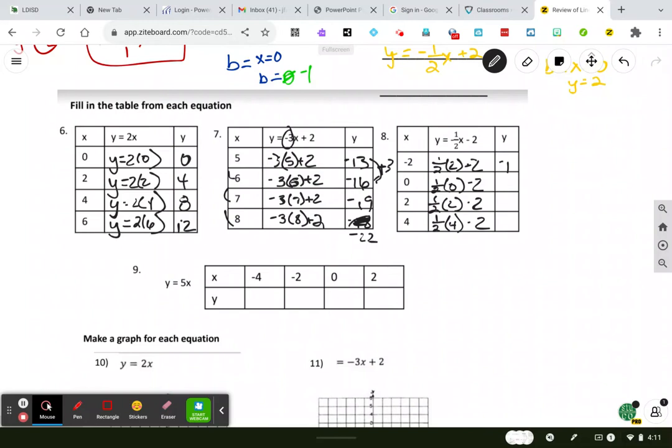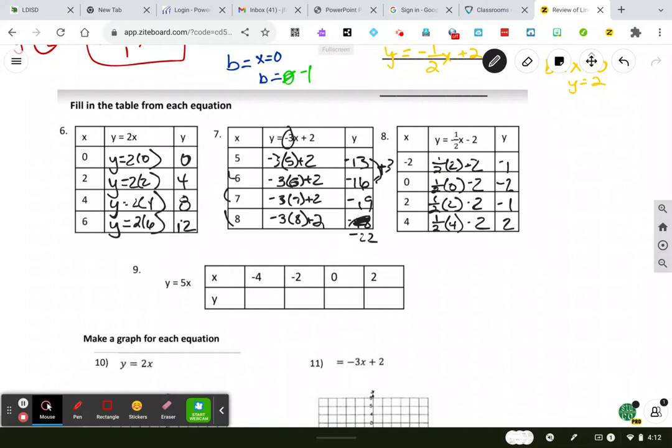Half of 0 is 0. 0 minus 2 is negative 2. Half of 2 is 1, and then 1 minus 2 is negative 1. And you probably have already figured out my error. Half of 4 is 2, and 2 minus 2 is 0.